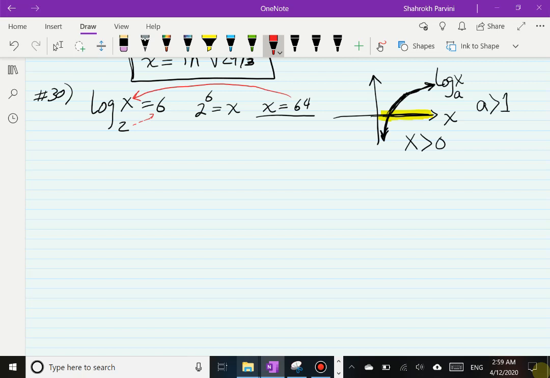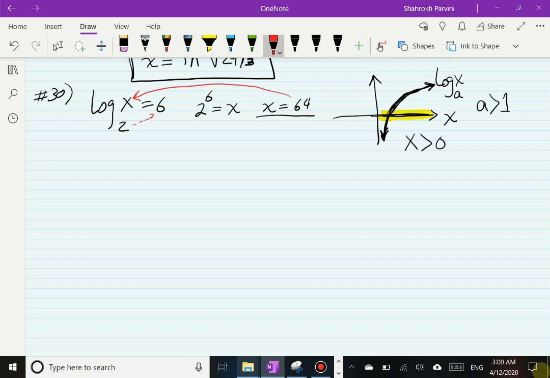Now sometimes we plug in a positive answer into the argument, and depending on the expression in the argument, the argument actually becomes negative once it adds or subtracts something from it. So remember, don't just look at the answer. If it's positive, that's the answer, and if it's negative, you reject it.